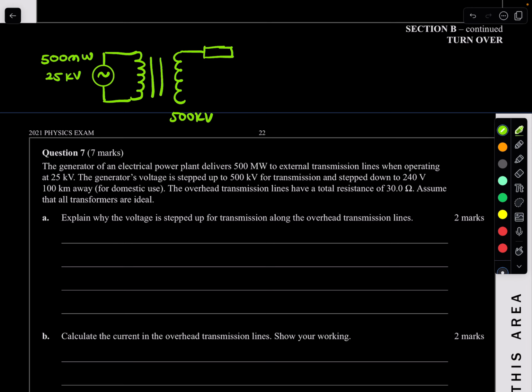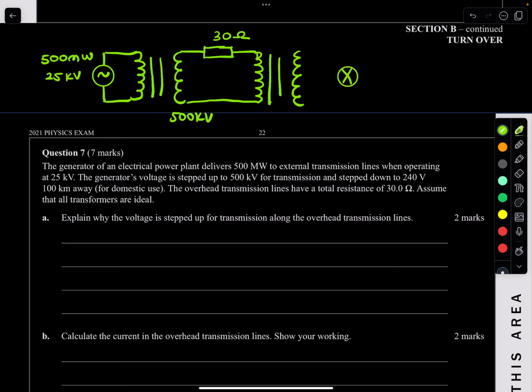The overhead transmission lines have a total resistance of 30 ohms. This is a nice typical question. Remember, this is your transmission, and we're also going to step it down for domestic use. I'm going to draw a light globe showing the domestic use there. And here is 240 volts.